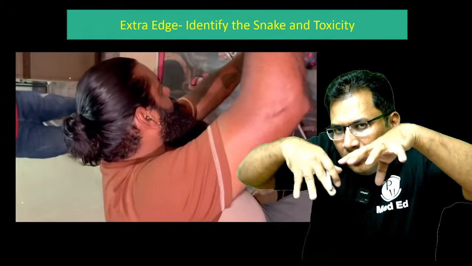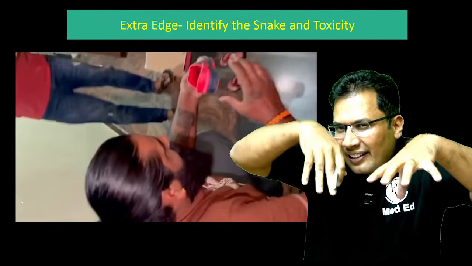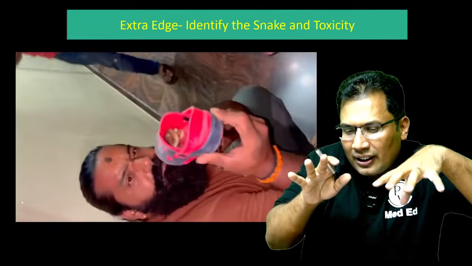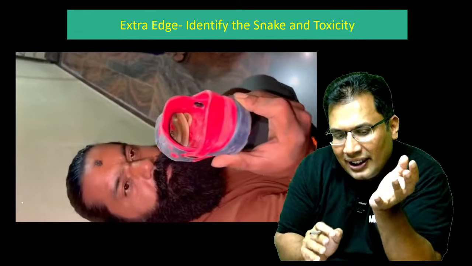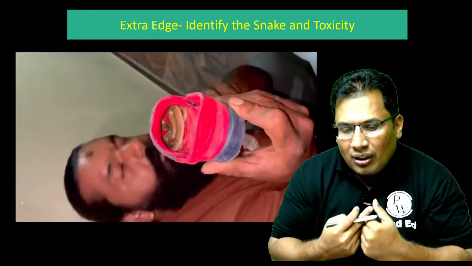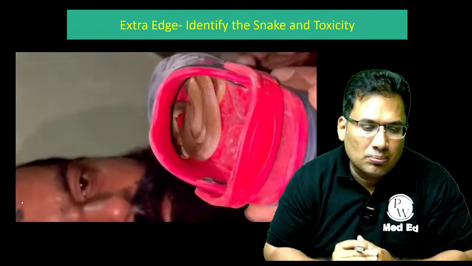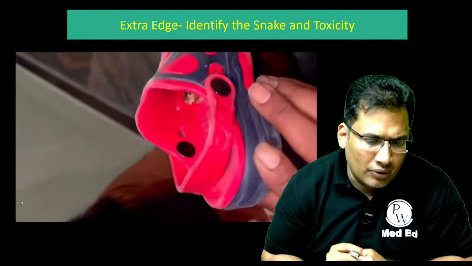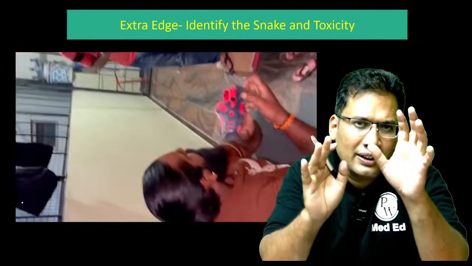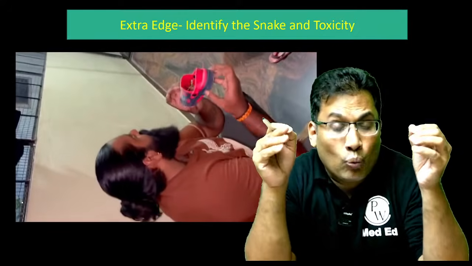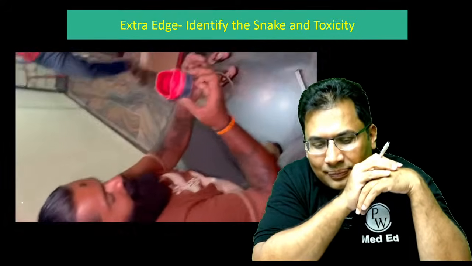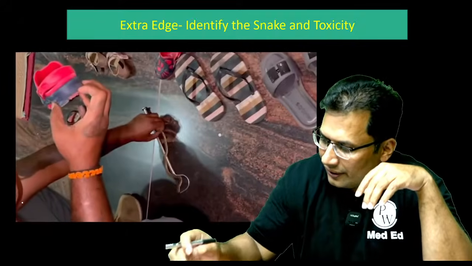So be careful while wearing shoes, especially in rainy season. Here is the poisonous snake within a child's shoe. Be very careful while wearing. Can you identify this poisonous snake, and what type of poison is this? Come on, guys.